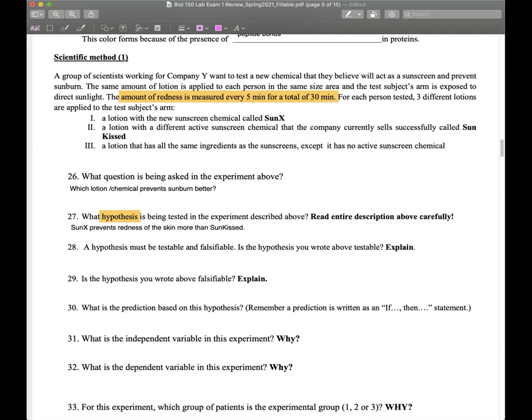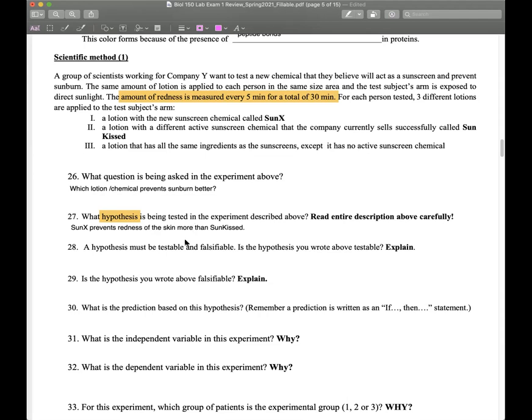More than sun-kissed. Yeah, so we're getting closer. So prevents redness of the skin. Now we want to add as much detail in here as we can from this little description. So we know that they are measuring redness of the skin. What kinds of conditions are they measuring this under? So they're looking at redness of the skin after applying these lotions, and then what else do they do?